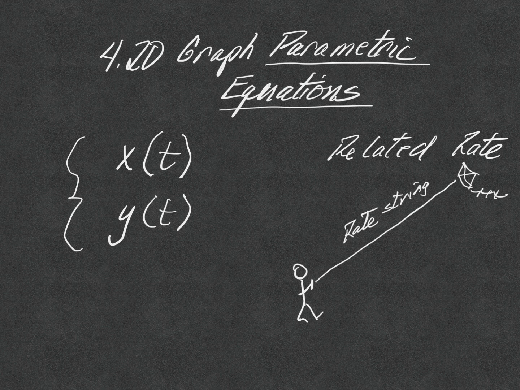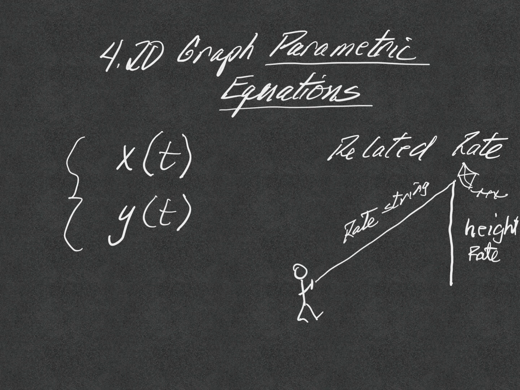The other thing that happens is the kite is at a height, all right? And that height changes based on how much string is out. So there is a rate that the height is changing.